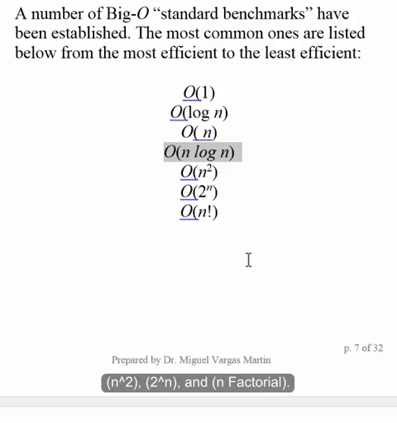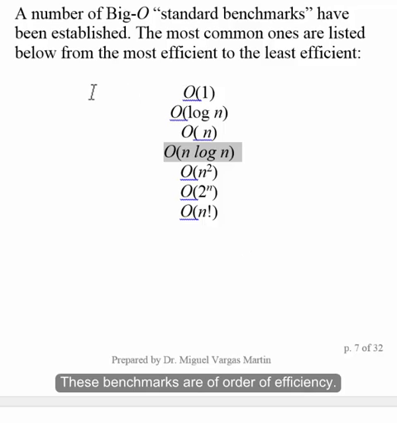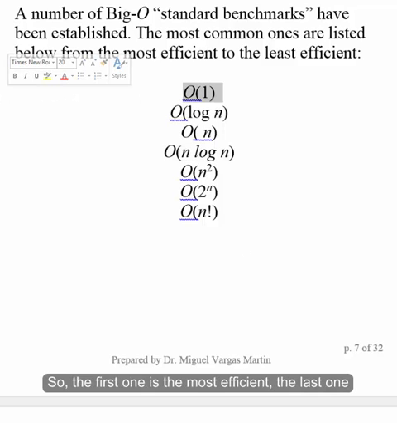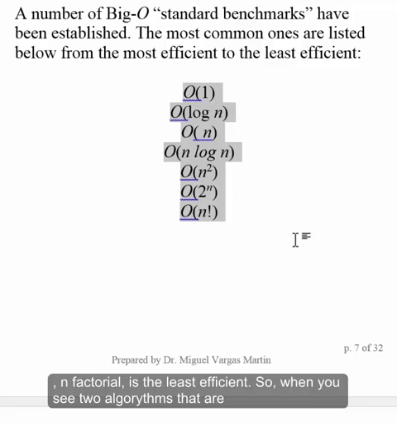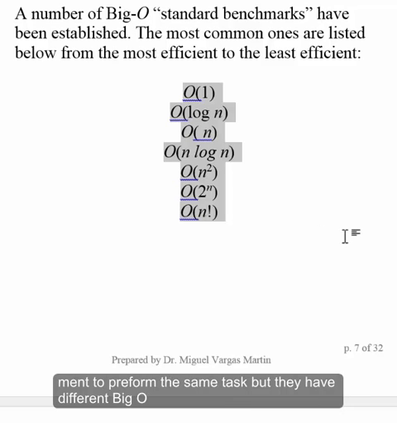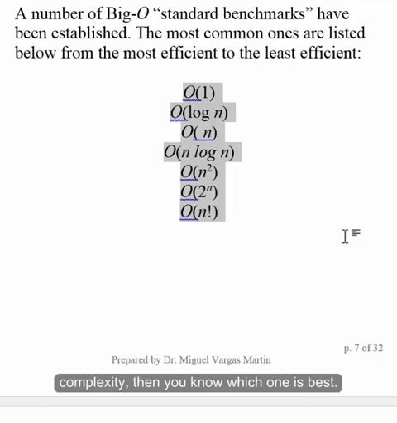So these benchmarks are in order of efficiency. The first one is the most efficient. The last one, n factorial, is the least efficient. So when you see two algorithms that are meant to perform the same task, but they have different big O complexity, then you know which one is best.